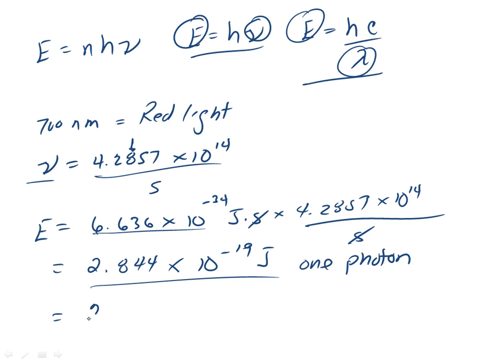So it would be 2.84 times 10 to the negative 19th joules. And if you want to say joules per photon, that is fine. That's how much energy is in one photon of light in the red region of the visible spectrum.